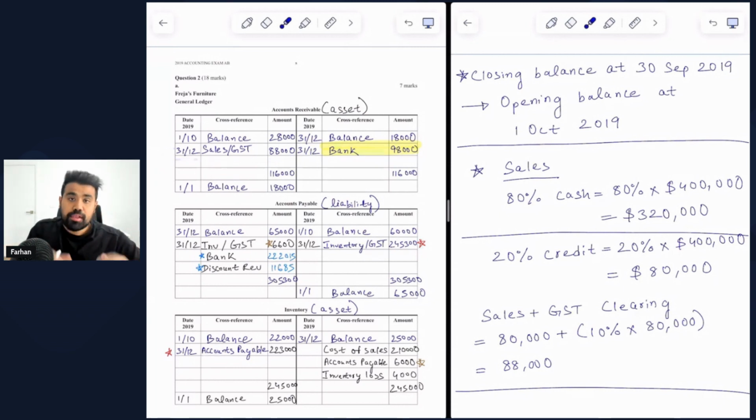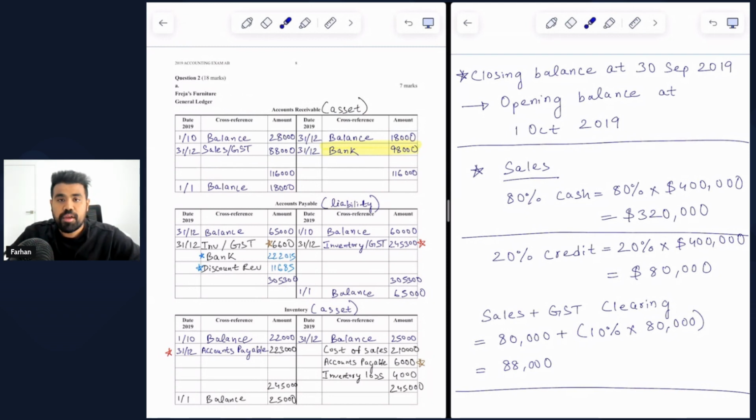Now, why are we including this on the debit side? What's the logic of including this on the debit side? Assets, as we have already discussed before, by default are always debited, which means when they increase, they are debited. So when we are making credit sales to accounts receivable, those customers now owe the business more money.